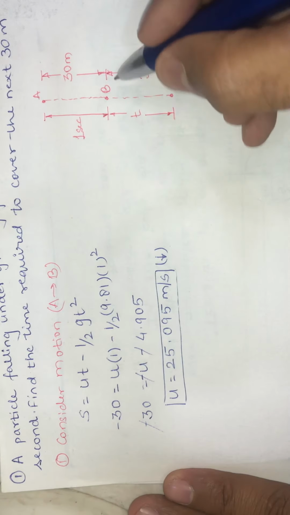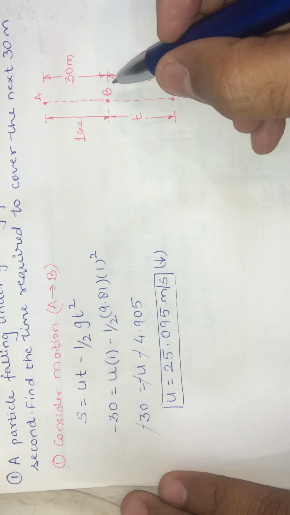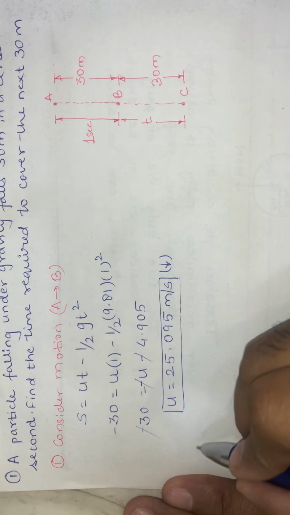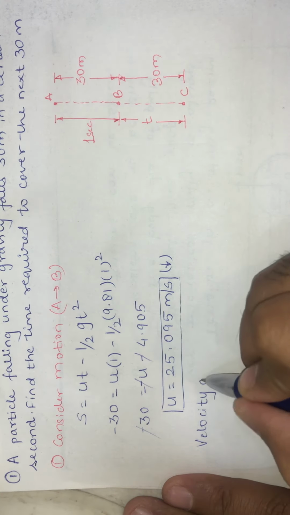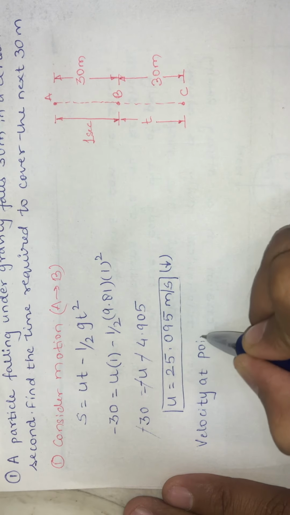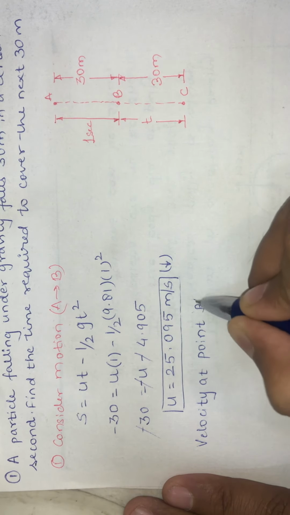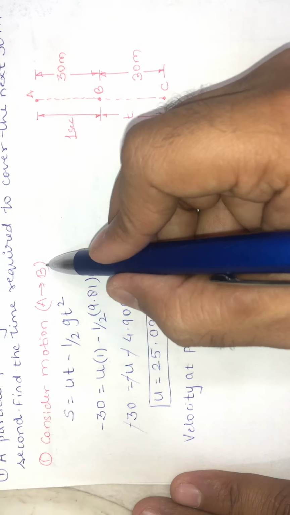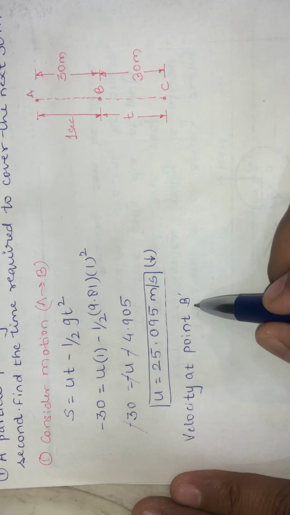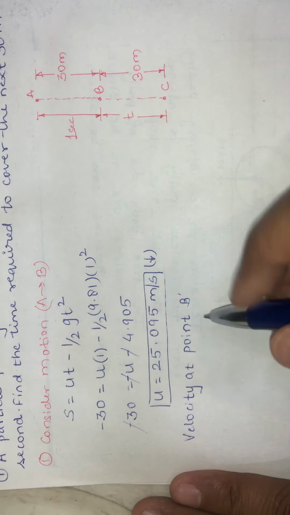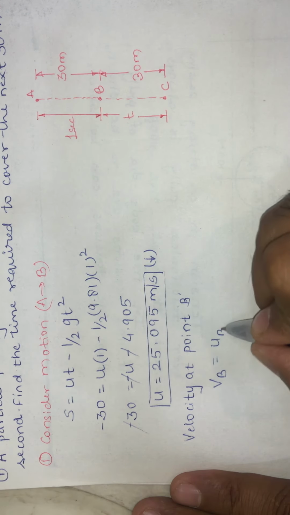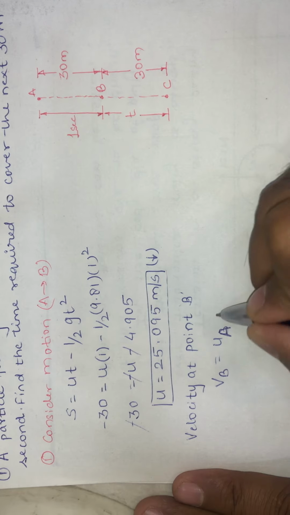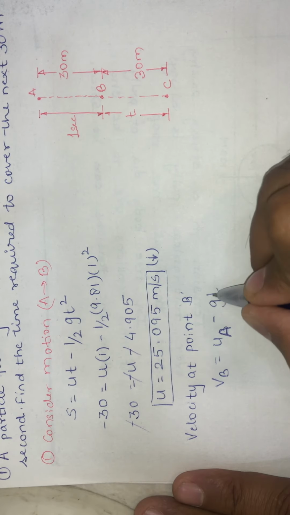Now we have to find out the velocity at point B. For motion A to B, velocity at point B will be the final velocity. So VB is equals to UA minus GT.